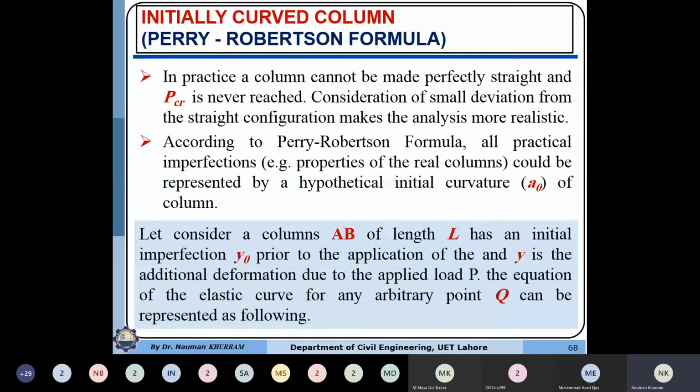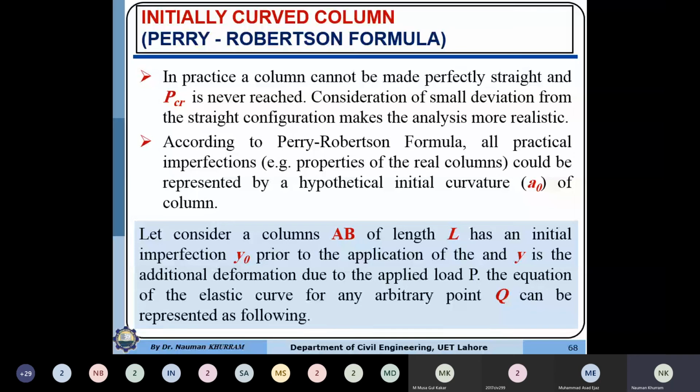And also the column starts bending even though the load is less than P critical. In the concentric column, there is no deflection if the load is less than or equal to P critical. But in the eccentric column, even though the load is less than P critical, the column will start bending in the lateral direction due to the flexural effect, and its capacity will be less than that corresponding to P critical.